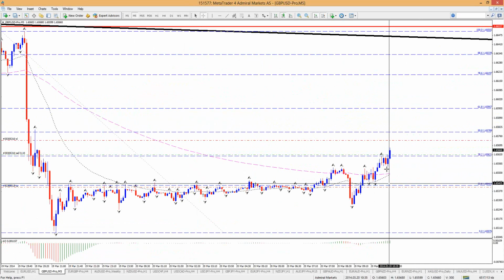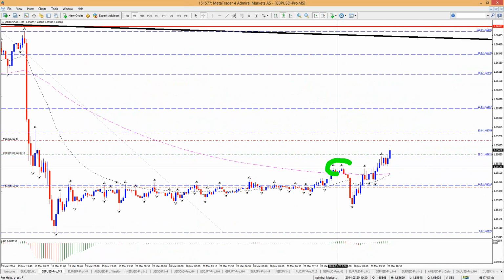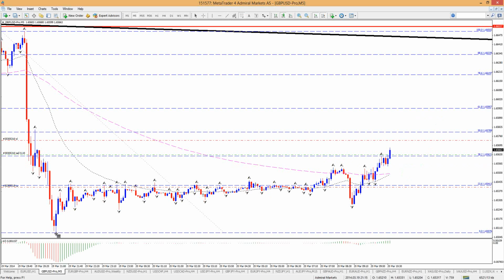But usually speaking, a break of the Asian high by 8 pips sees a bit of a dip before you get up. Not today, apparently. Let's see.